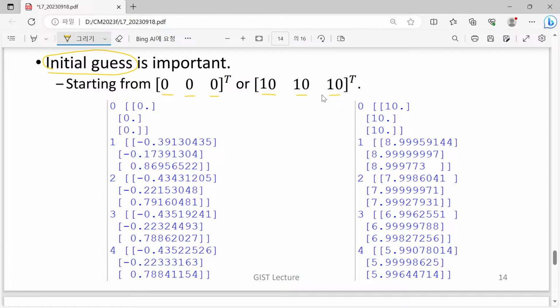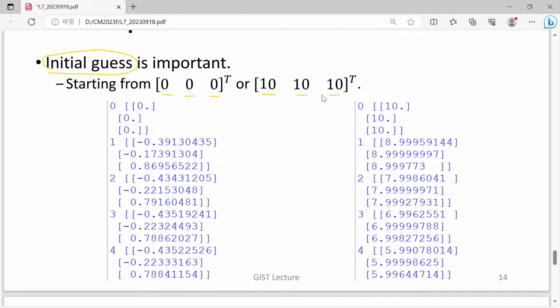Starting from 0, after 1, 2, 3, 4 iterations, you can find these numbers. Already between the third solution and the fourth solution, the difference is quite small. So it means that we are now quite close to the numerical solution.